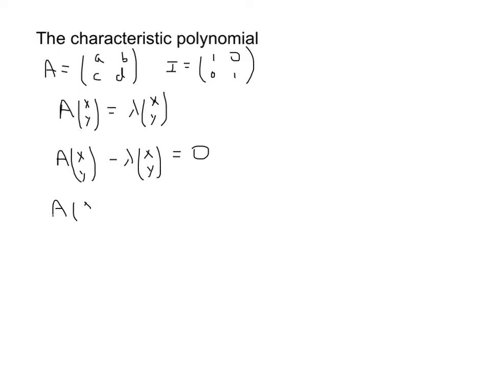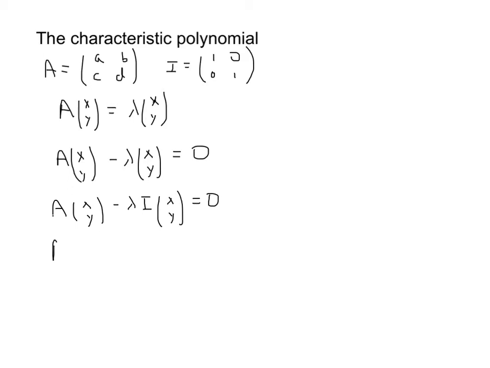A times xy here, minus lambda times I times xy. That's essentially multiplying by 1. Nothing has changed.